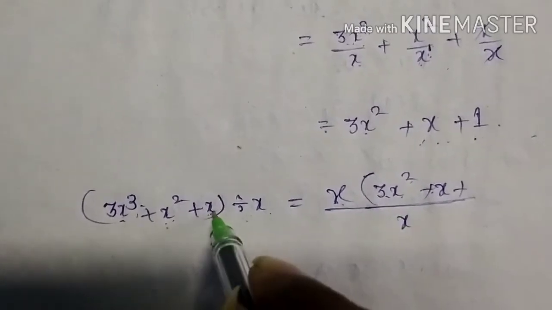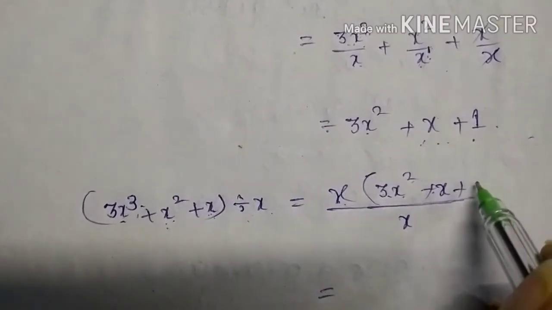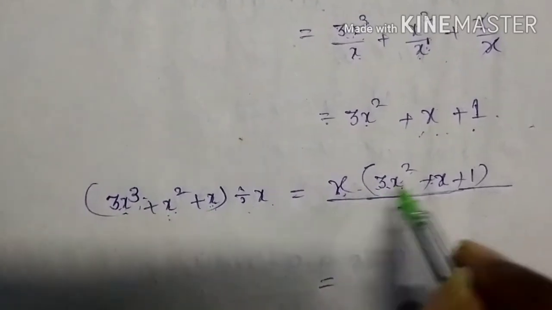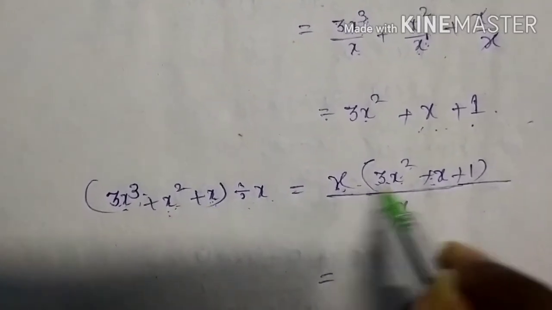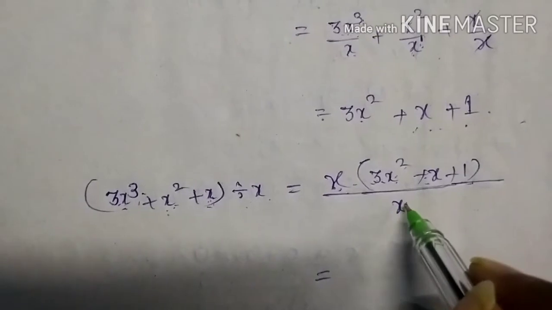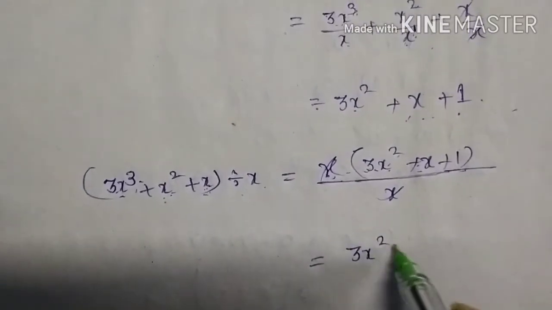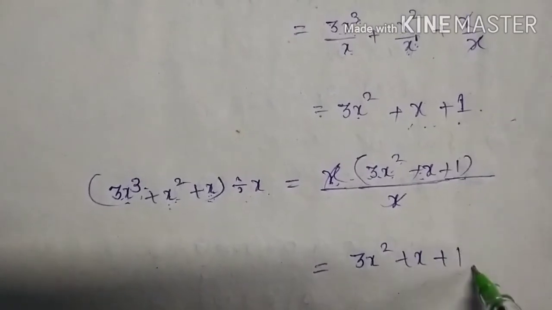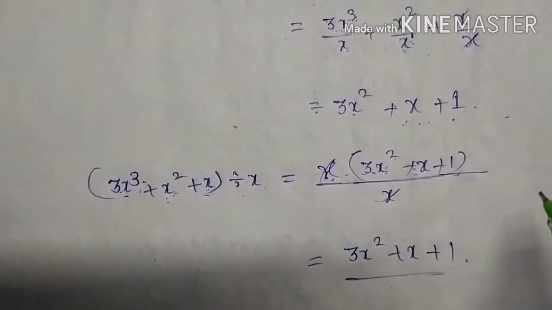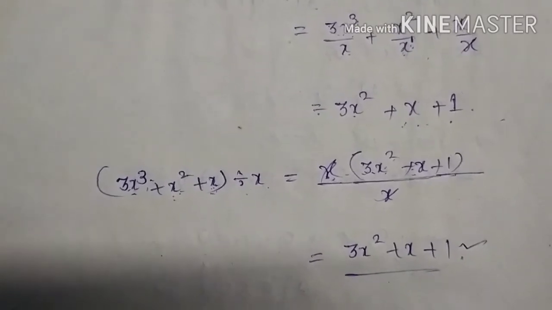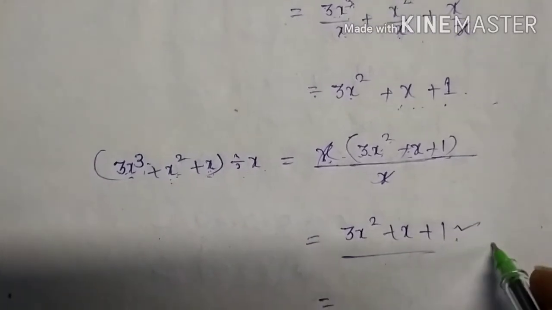Yes or no? Here I have taken x common. That means x into 1 is x only. See here 3x square into x is 3x cube, x into x is x square, x into 1 is x only. By division x cancels. See, you are getting 3x square plus x plus 1 or not? You can do it any way, but you are getting the quotient 3x square plus x plus 1 only. Yes or no? Here the remainder is 0.